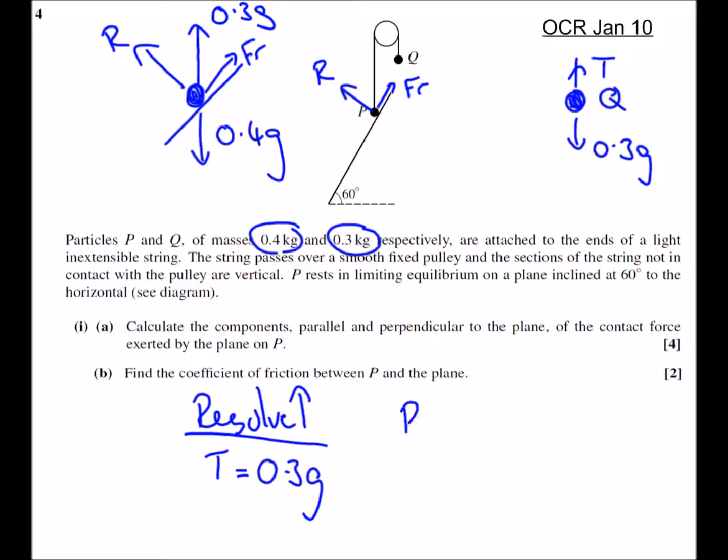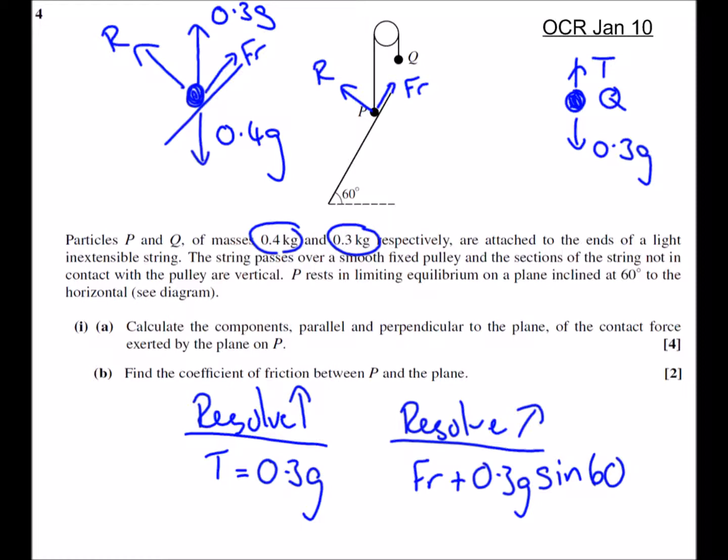So I'm going to resolve parallel to find my friction. So I'm going to have all of my friction acting up the slope. The 0.3 G is going to be pulling me up the slope rather than into the slope. So I want plus 0.3 G from my tension. But now I need to decide whether it's going to be cos or sine. Sine 60. And then I need to take away the 0.4 G because that's trying to pull me into the slope.